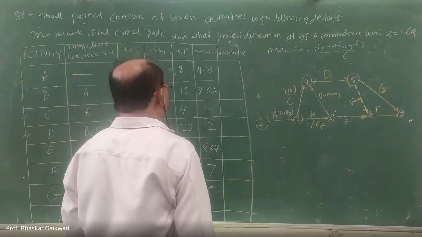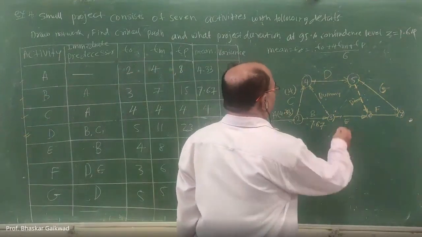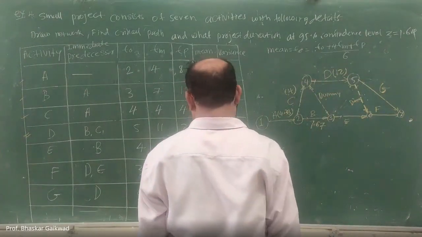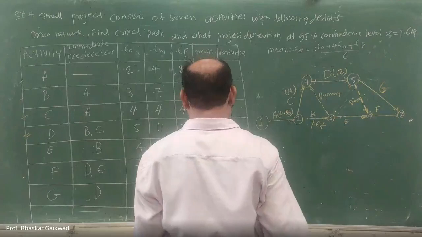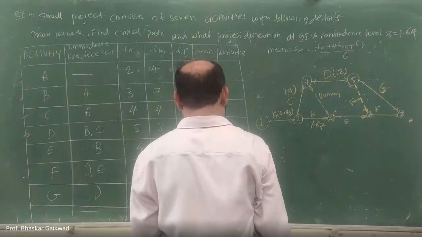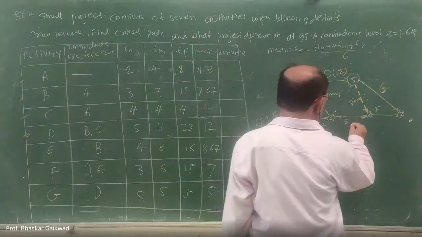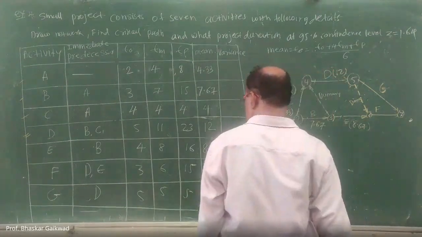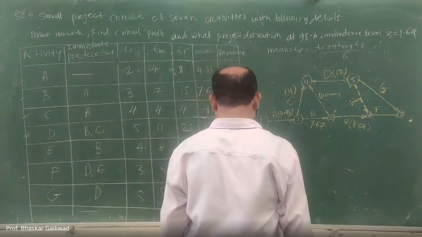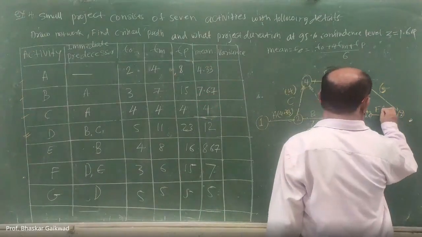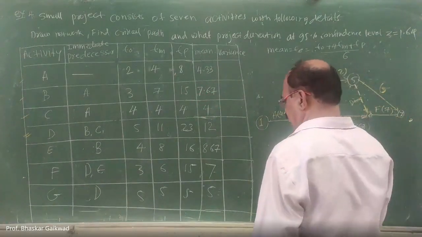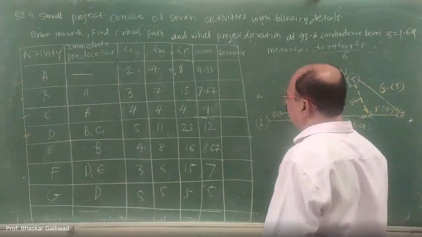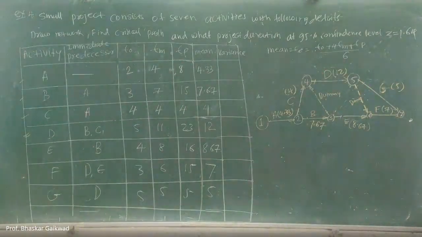Then D activity 12. Then E activity 8.67. Then F, that is 7. Then G, that is 5. So these are the mean durations you have to write in the brackets.